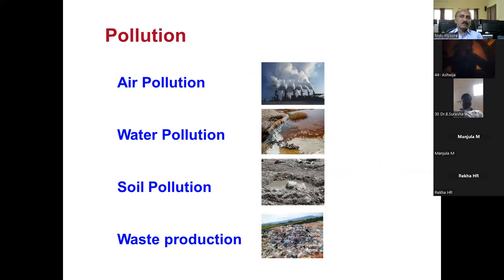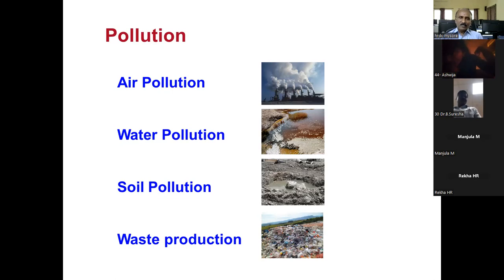Now, pollution is of various kinds. It is air pollution, water pollution, soil pollution, or waste production. Whenever any disaster takes place, natural or anthropogenic, all these natural resources, air, water, and soil resources, are greatly affected.